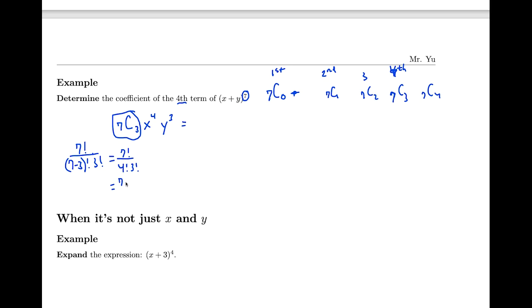So this is 7 times 6 times 5 times 4 factorial over 4 factorial, 3 factorial. The 4 factorials will cancel. Now we know that 3 factorial is 3 times 2, so this 3 factorial cancels out this 6. So 7 choose 3 is equal to 35. So the coefficient of the fourth term is equal to 35.